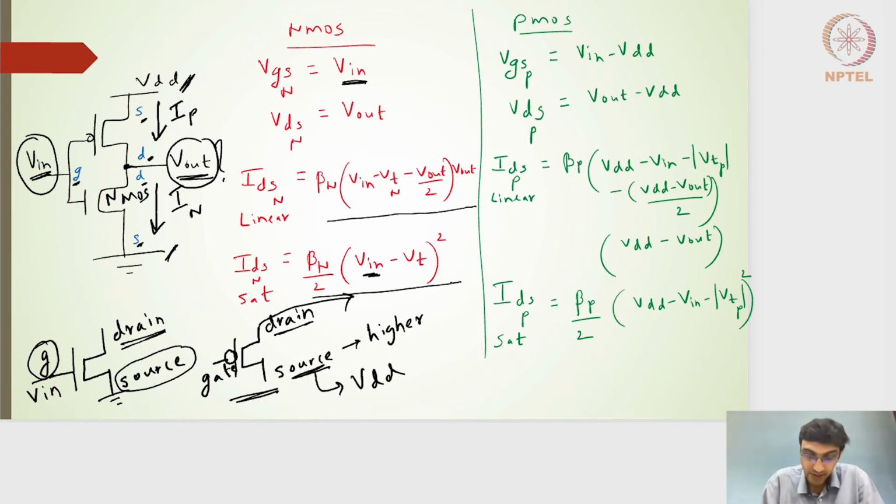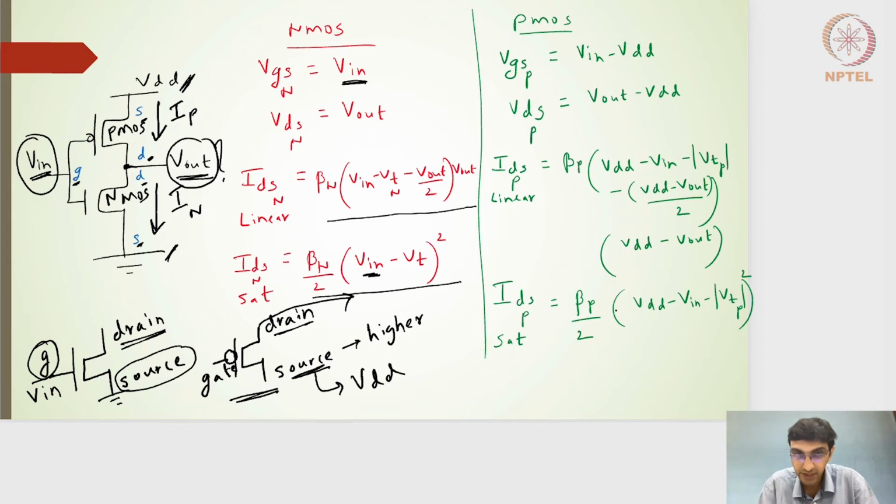And then similarly, if I want to find the current expression for the PMOS transistor, which is closer to the VDD rail, I know the terminal labeling as source, drain, and gate. So the current in the linear and saturation regions will have the VGS and VDS of the PMOS variable.